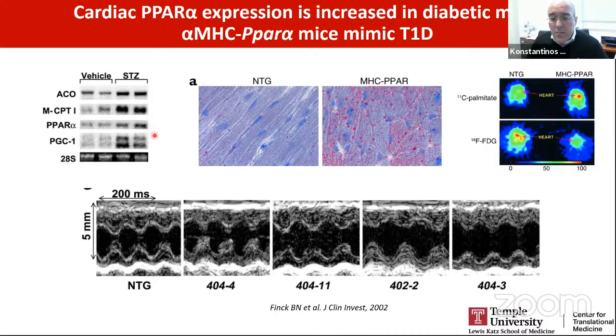When they made the cardiomyocyte-specific PPAR alpha overexpressing mice, they noticed that there was accumulation of lipids in cardiomyocytes and also induction of cardiac dysfunction. So based on this finding, we wanted to assess potential involvement of KLF5 in cardiac dysfunction that is associated with diabetes.